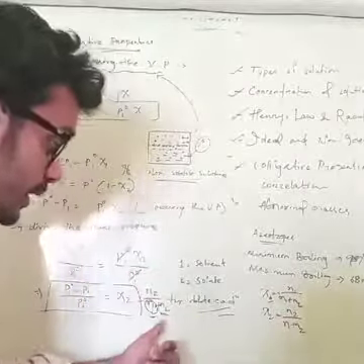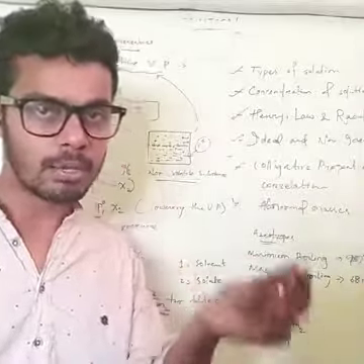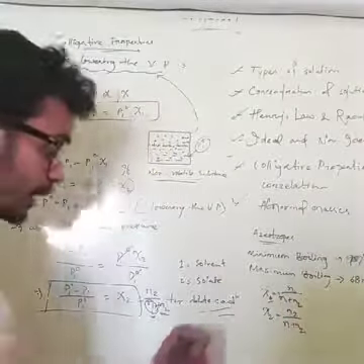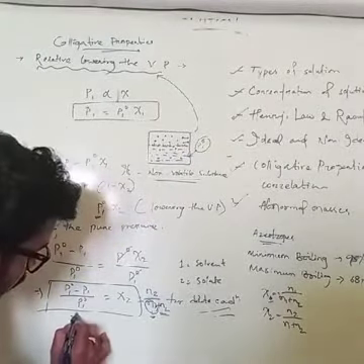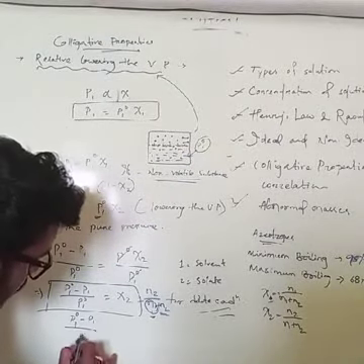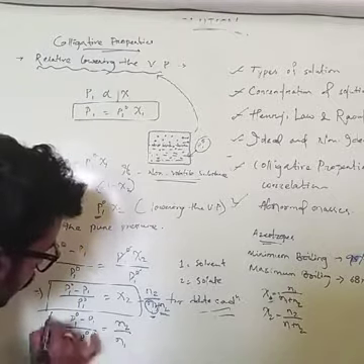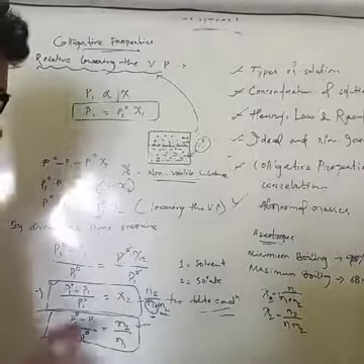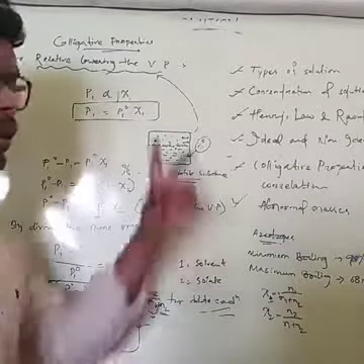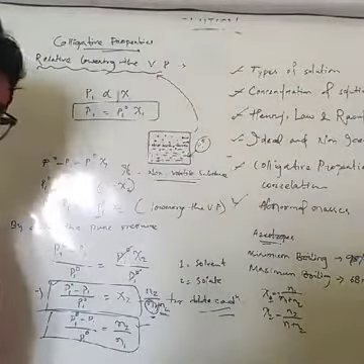No, because n2 will be very small, and that can be neglected. So in dilute condition, you can write the relative lowering of the vapor pressure equals n2 by n1. So remember these two formulas, you are going to use them for solving these RLVP problems.